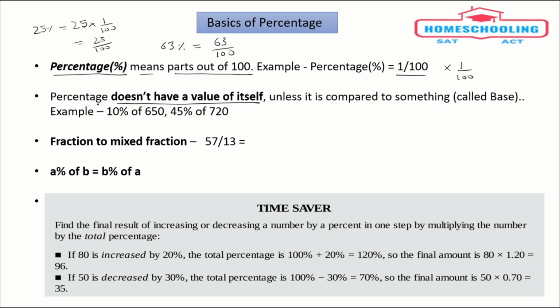Percentage does not have a value of itself unless it is compared to something. So if you just say 10%, it does not mean anything. But if you say 10% of 650, then it has a meaning. Or 45% of 720, it has a meaning.